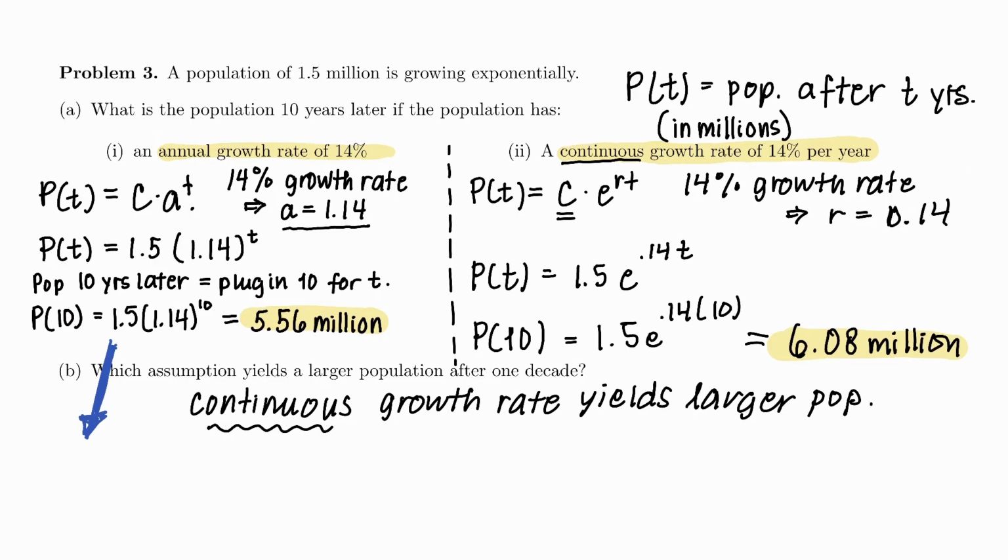So they're adding 14% of the population only once per year. In this case, I just assume that it's happening at the end of the year. So I'll say new people are added to the population one time at the end of the year.